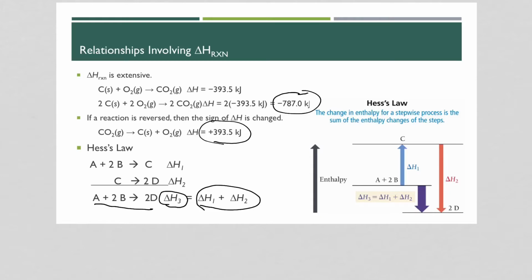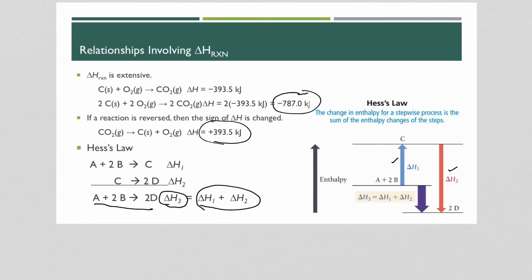So if we look at my overall change here, it's going from A plus 2B to 2D, and I can view it as these two reactions, where A plus 2B reacts to give you C, which involves this enthalpy change, and then C reacts to give you 2D, and that involves this enthalpy change.